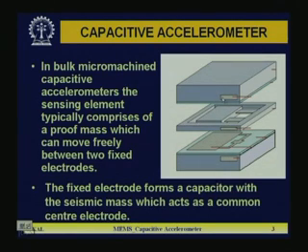The middle piece is the sensing element and it comprises a probe mass, also known as seismic mass, which can move freely between 2 fixed electrodes. What are the 2 fixed electrodes? One is held at the top and another at the bottom.